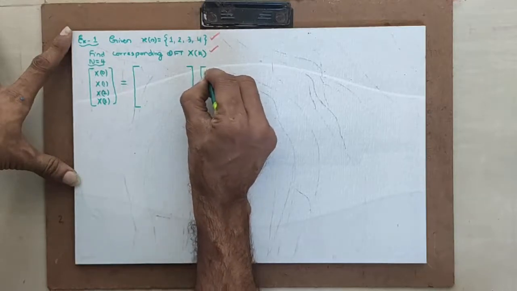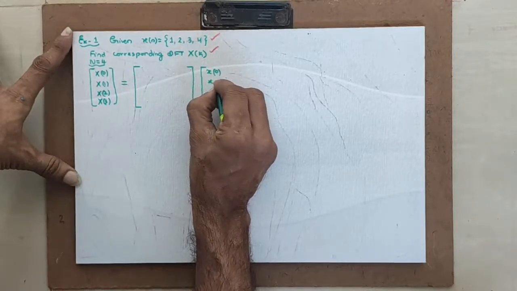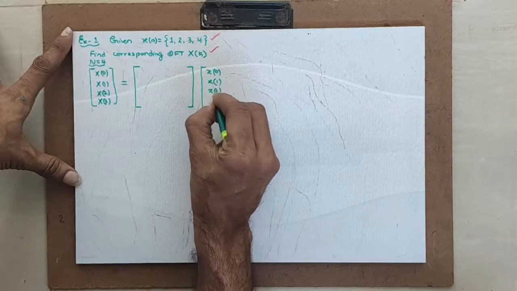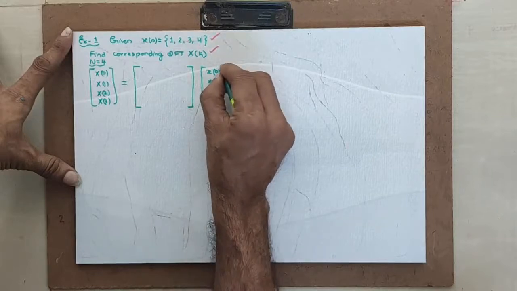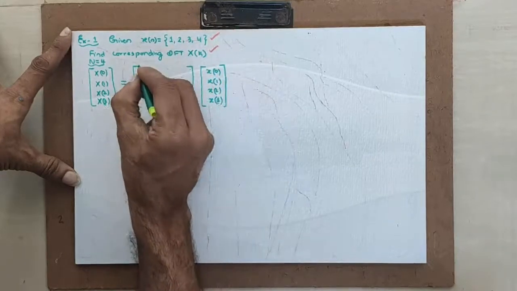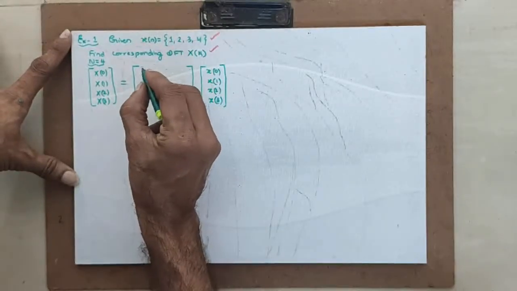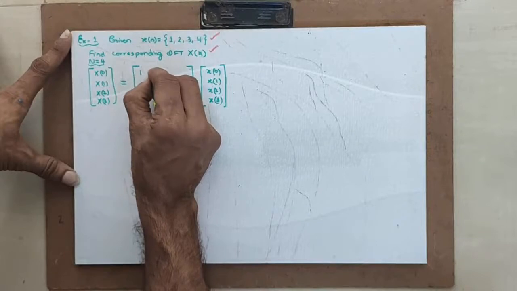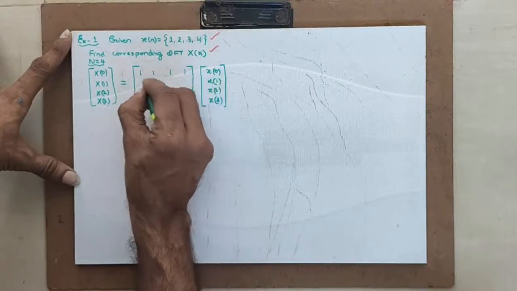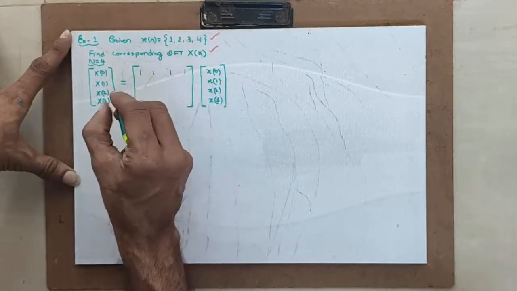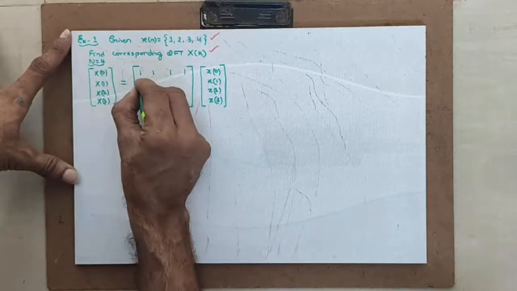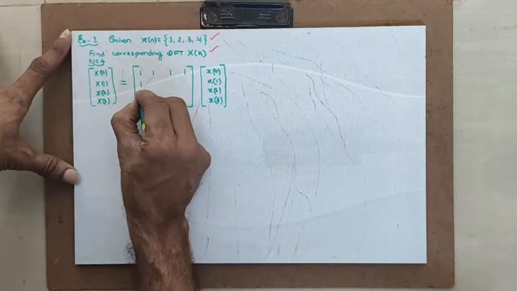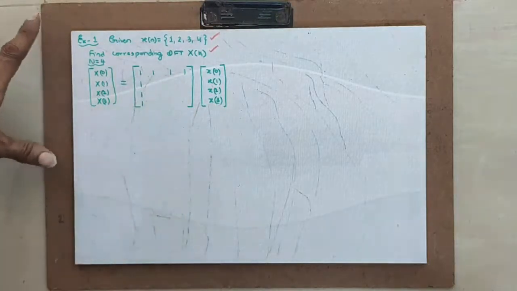Here the time domain signal x0, x1, x2, x3 comes into the picture. Now see this, it is very easy for you to fill this twiddle factor matrix. First 1, 1, 1, 1, first row. Similarly, first column 1, 1, 1, 1.